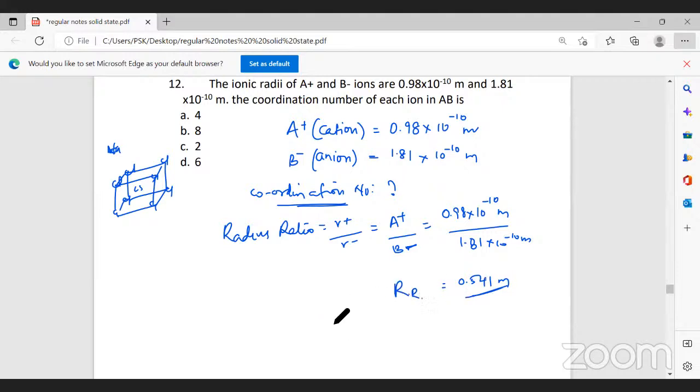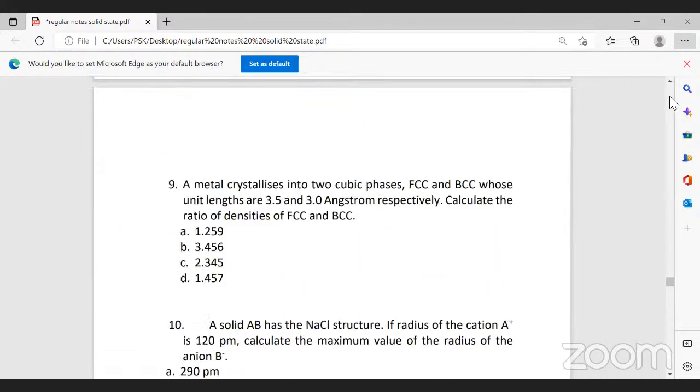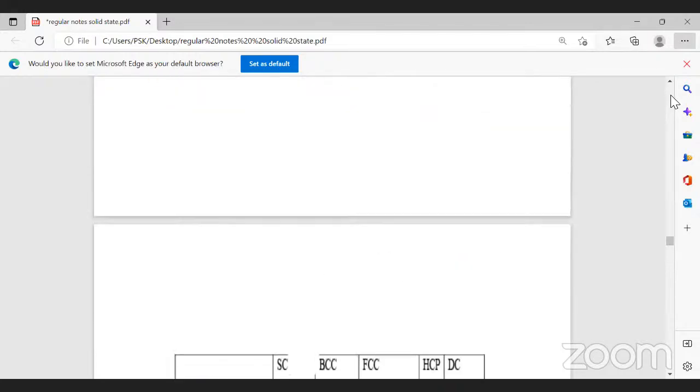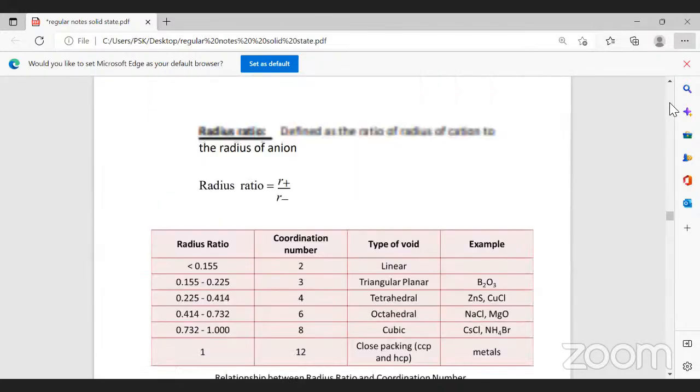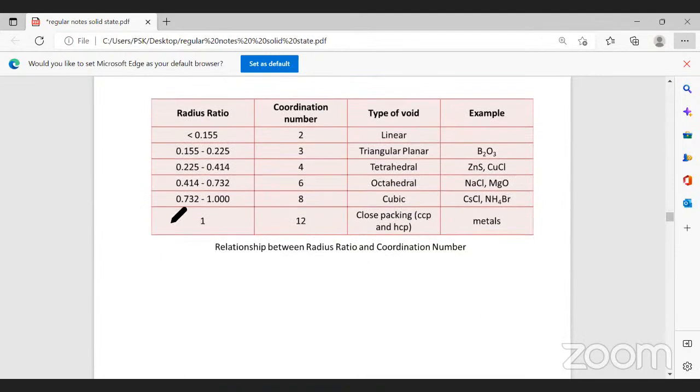Now, 0.541 is the radius ratio. It is in option D, because in the previous radius ratio chart, if you observe, you can know that. I told you to remember the radius ratio chart. See, 0.541 is in between 0.414 and 0.732.